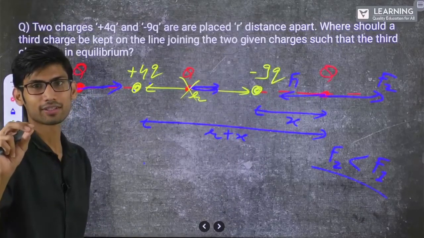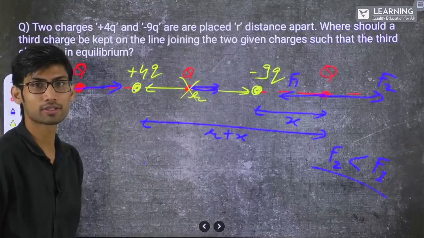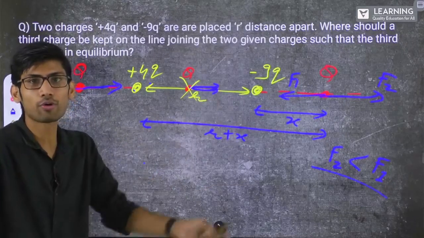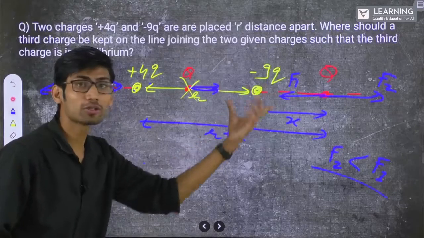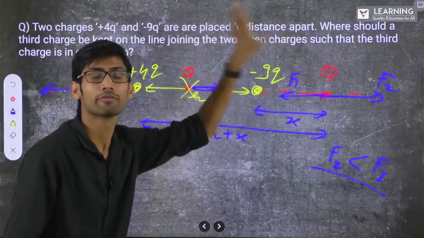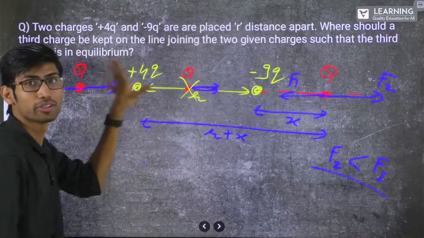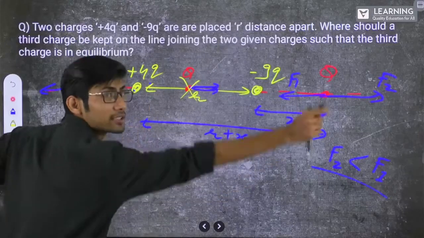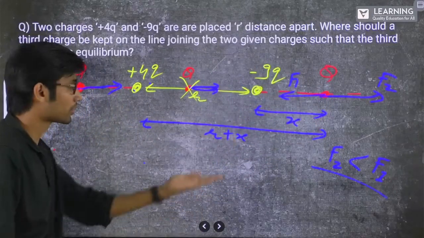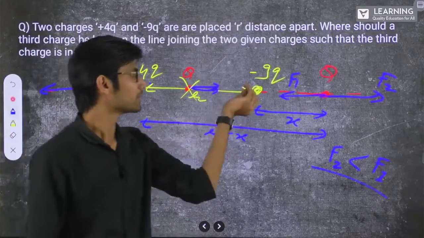Can never. Because here the charge is also more and the distance is also less. Force is directly proportional to the product of the charges and inversely proportional to the distance. The lesser the distance, the more the force. The force due to this charge on this charge will always be more than the force on that charge due to this charge, because the charge is also small and the distance, which is in the denominator, is also more. Right? Very simple.